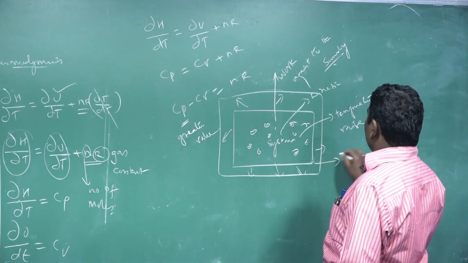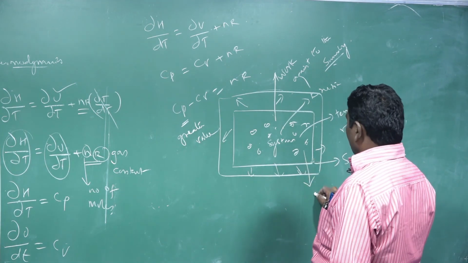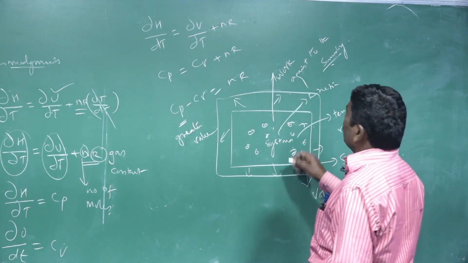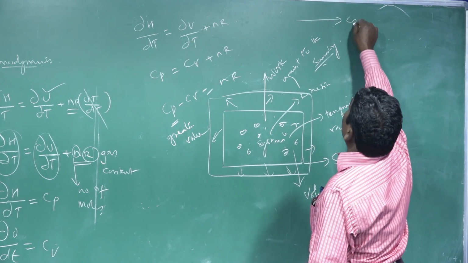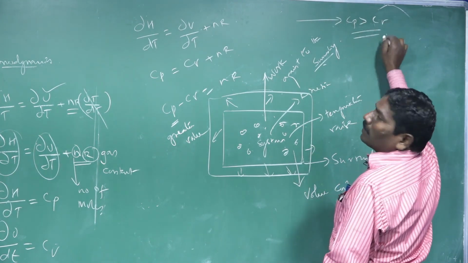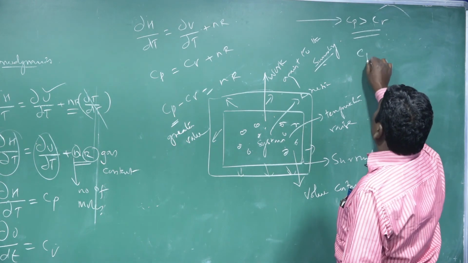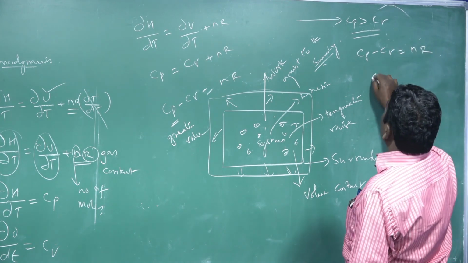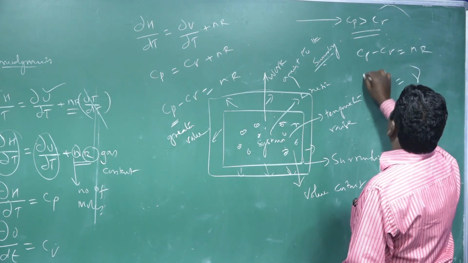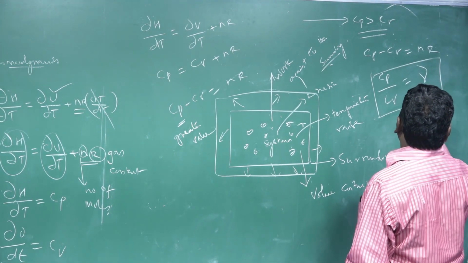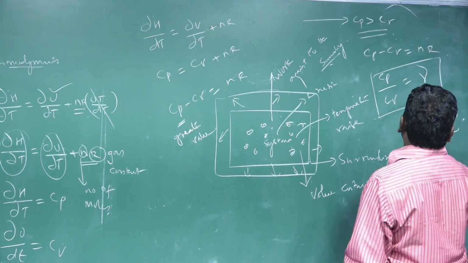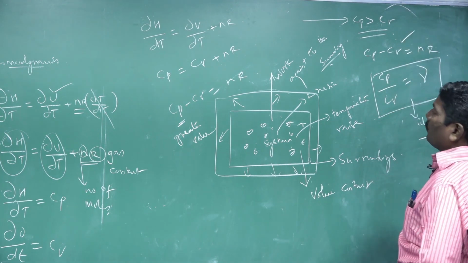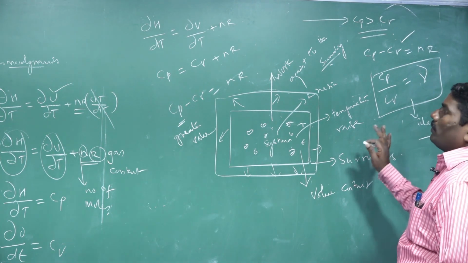At that time the temperature will rise, and here the volume is constant. In that occasion, the Cp value is greater than the Cv value, that is Cp minus Cv is equal to nR. This is otherwise known as Cp by Cv is equal to gamma for the ideal gases. This is the derivation we are going to understand, about the relationship between Cp and Cv.